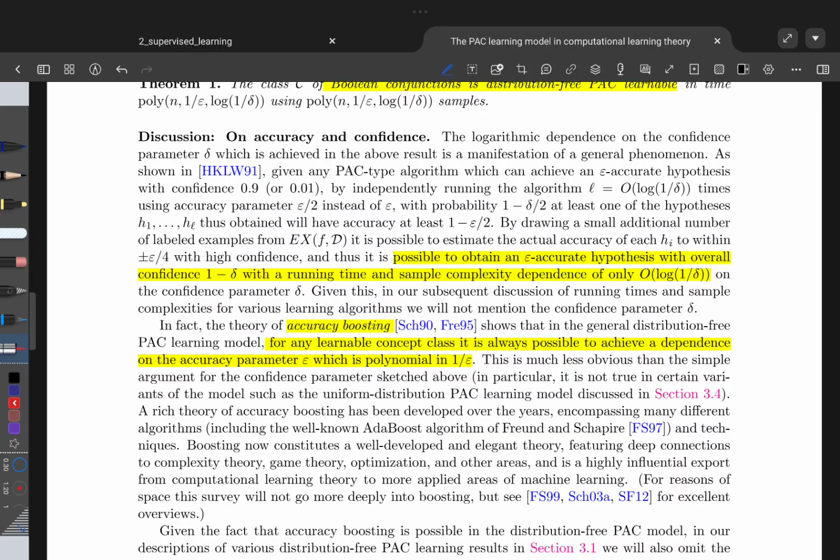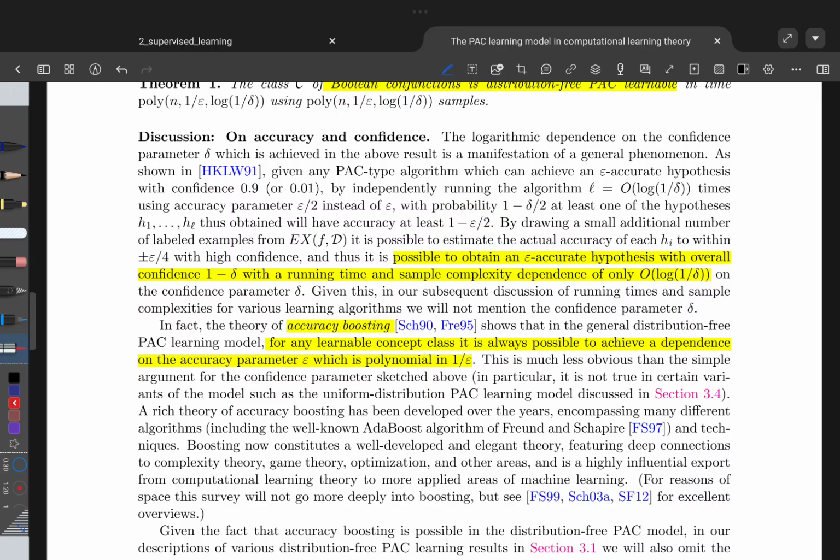And one way to approach this is this. In some sense, it's a boosting technique, but in another way, it can also be interpreted as a model selection technique. Basically, suppose you have an algorithm that achieves accuracy of at least 1 minus epsilon by 2, with some probability.